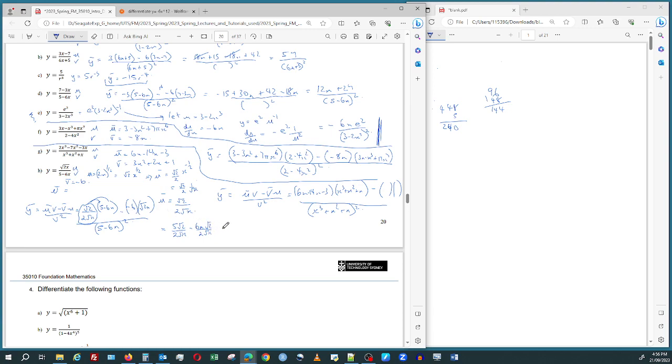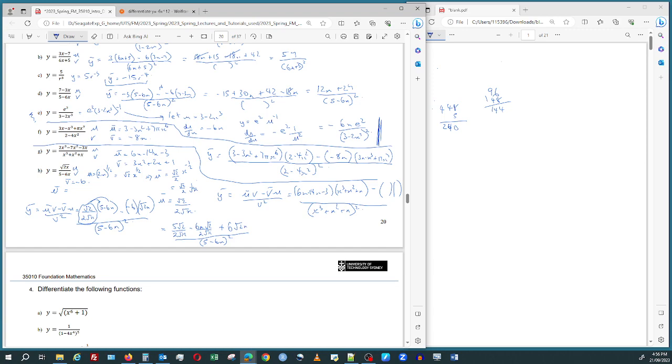Minus times minus is a plus, plus 6 root 2x over 1, all divided by 5 minus 6x all squared. Whew, so there's quite a little bit to do there.